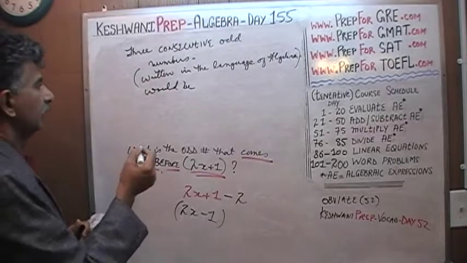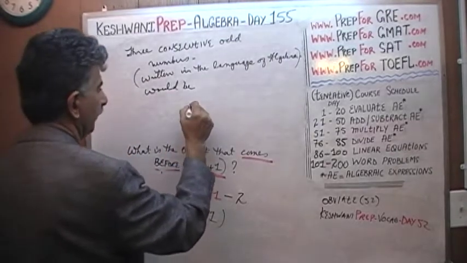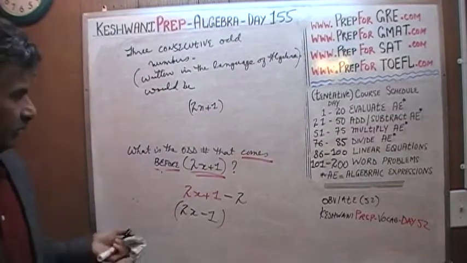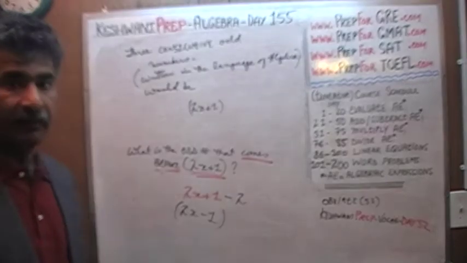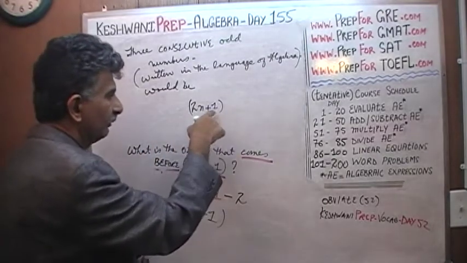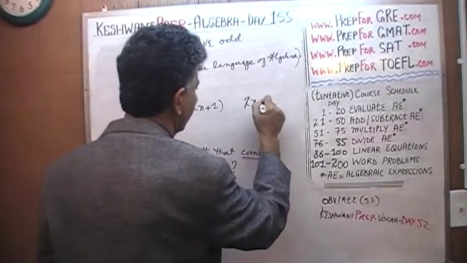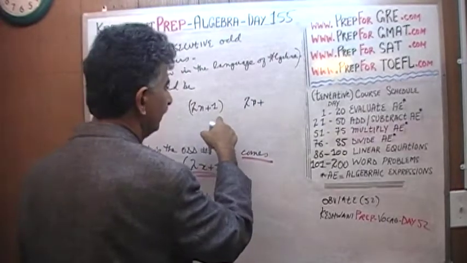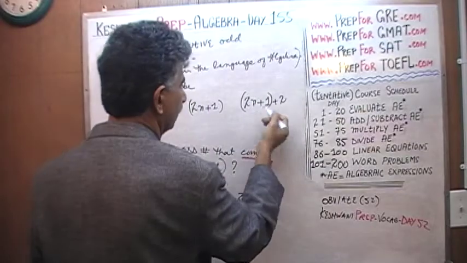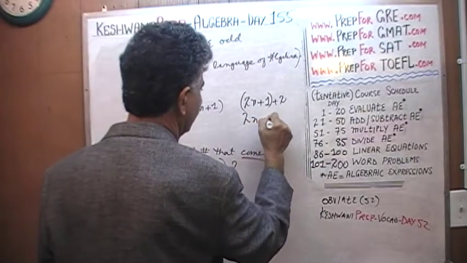Would be, well, the middle one, you start out, the middle one is 2x plus 1. I said 2x plus 1, 2n plus 1, same thing. That's how we represent an odd number. The one that comes after it is going to be 2 more than that, which is 2n plus 1 plus 2. So it's going to be 2n plus 3.